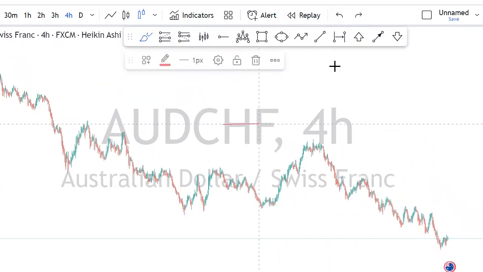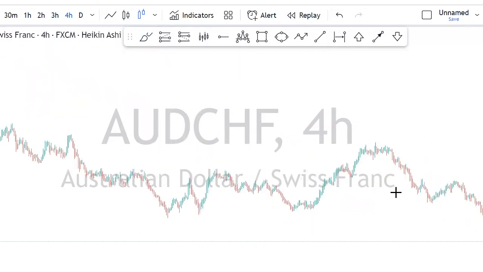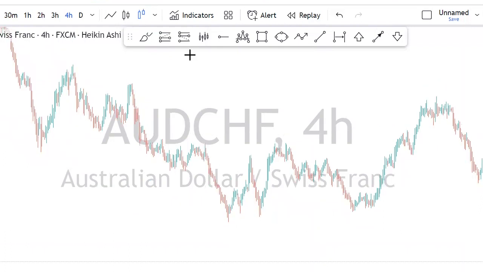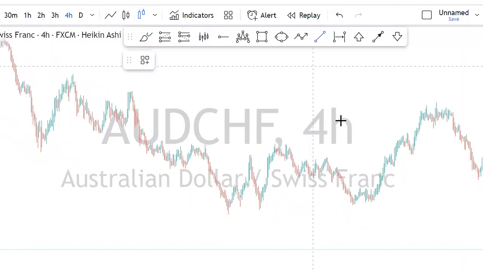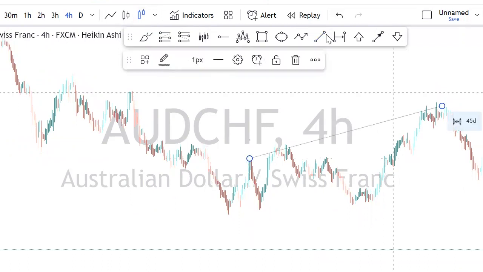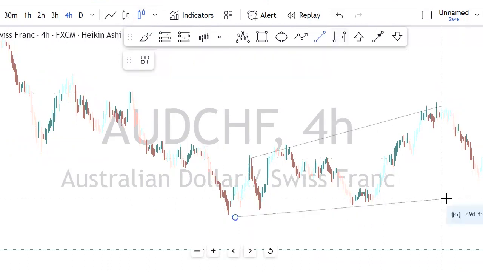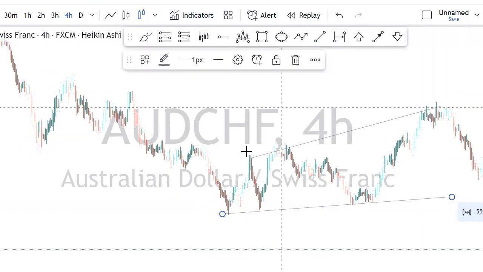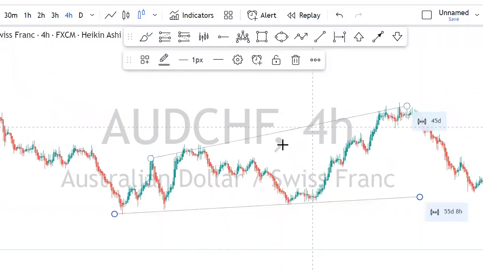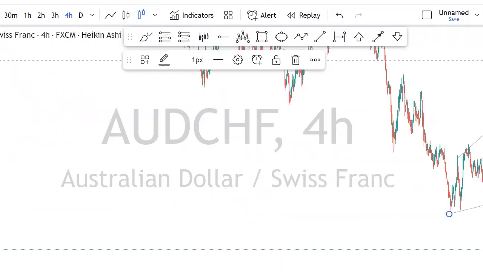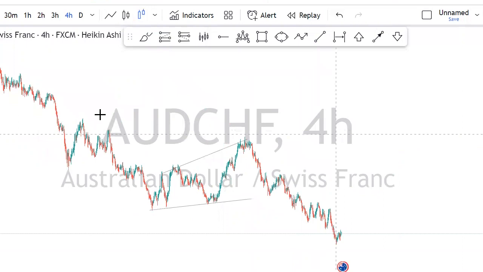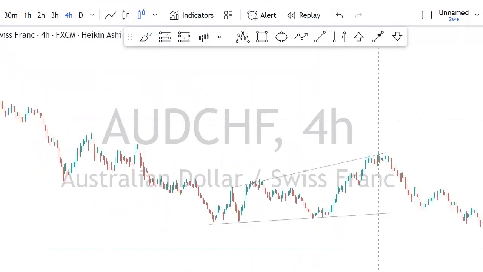So that's fine. Our job is to identify the correction so we can base our trades off it. In this case, we had this big correction right here, where we had our support right there with our resistance at the top, which gives us a nice bearish structure or correction.